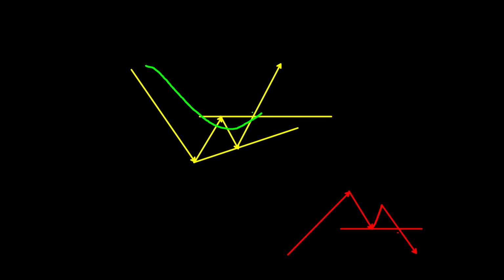Your entry is the break of this line, because what you're betting is that you are going to see a lower low at some point right here. So you're changing the trend, and the 34 moving average is doing something like this and then changing direction to the downside.